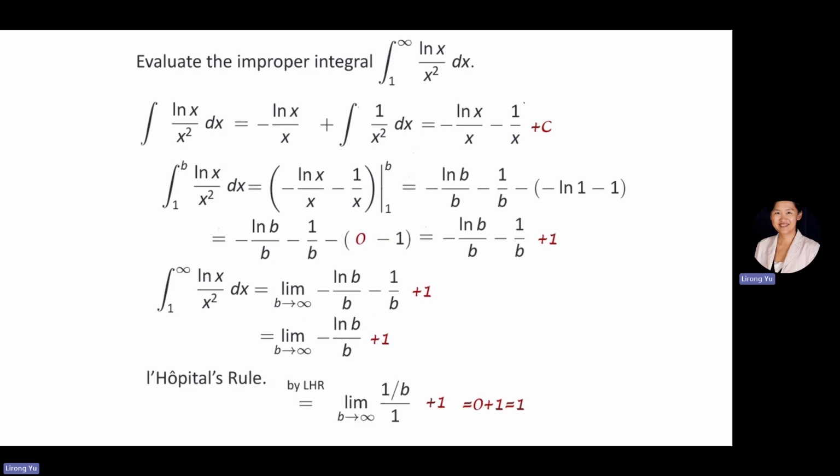According to L'Hopital, we will find the derivative of the numerator and denominator separately. Derivative of ln b is 1 over b. Derivative of b by itself is 1. So L'Hopital has two derivative calculations, one in the numerator, one in the denominator. We're not doing the quotient rule.